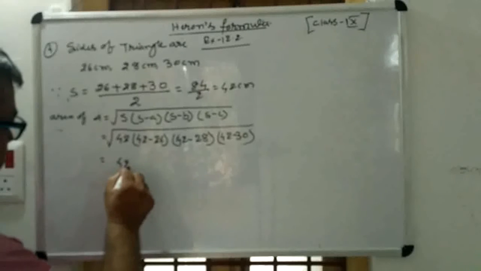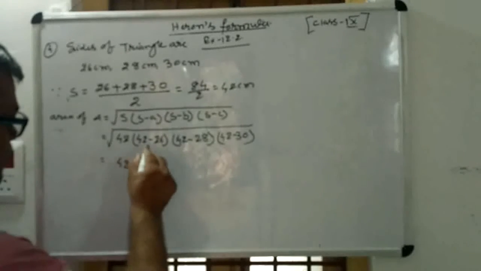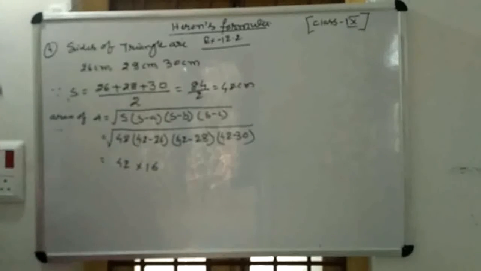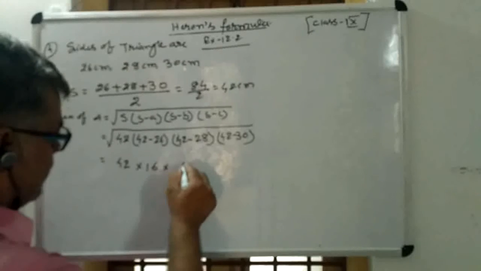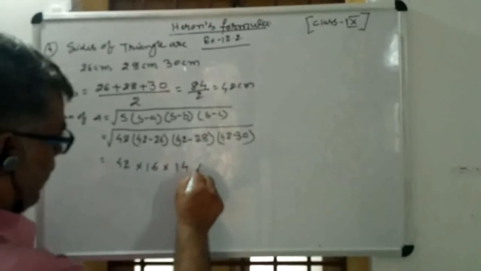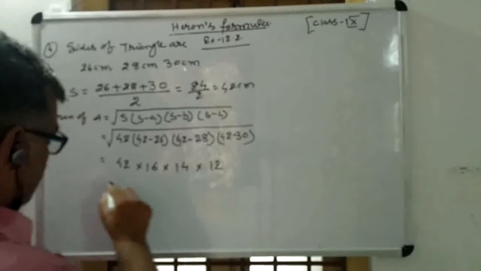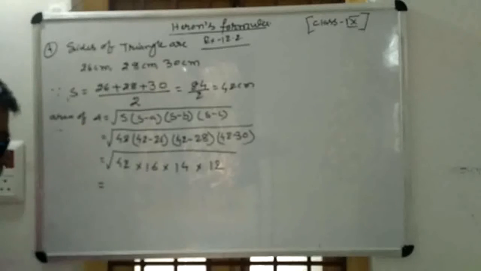Now simplifying it, 42 into 16 into 14 into 12. So now try to make the pairs.